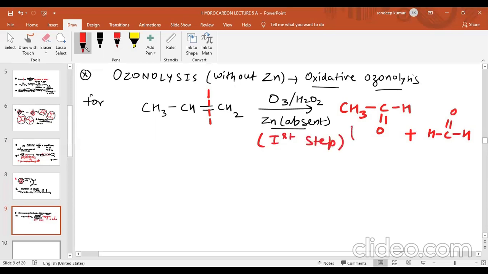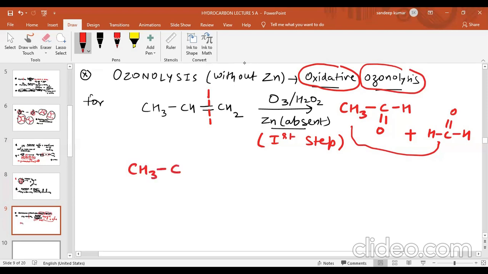But the reaction will not stop at this point if it is oxidative ozonolysis. Now see what will happen. One product is CH3C double bond OH, and one product is HC double bond OH.